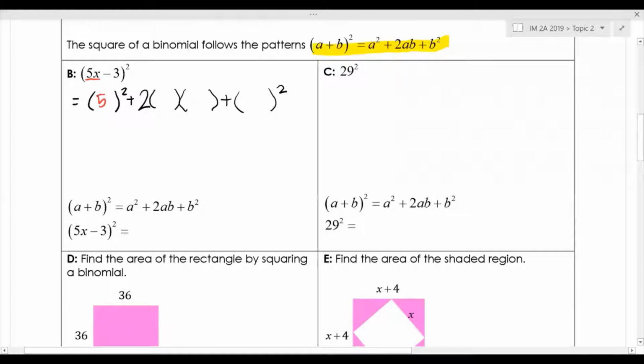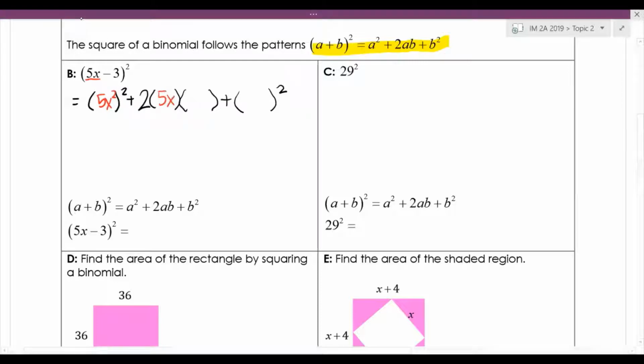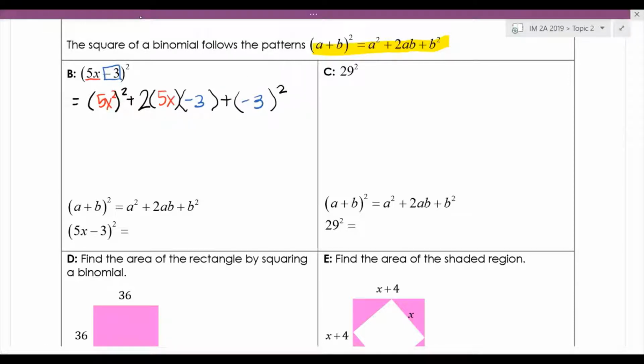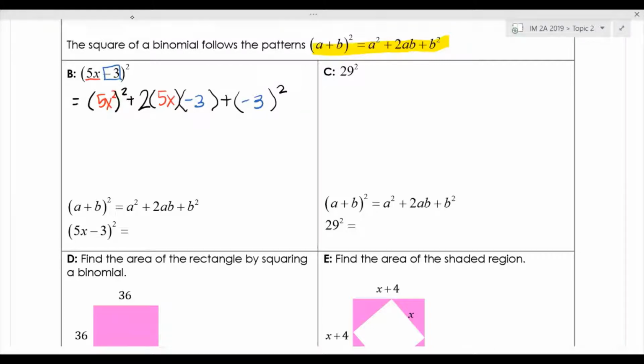So we're going to do 5x squared is equal to 2 times 5x times -3 plus -3 squared. So when I plug in to that pattern, I have to then simplify to find the result.